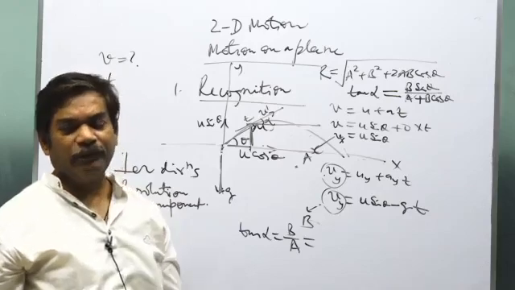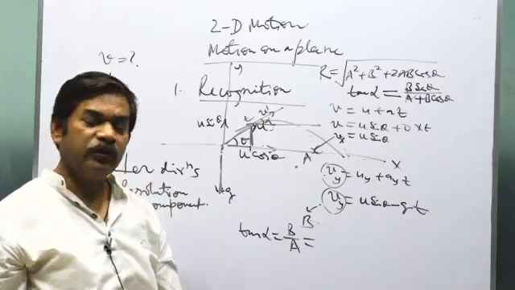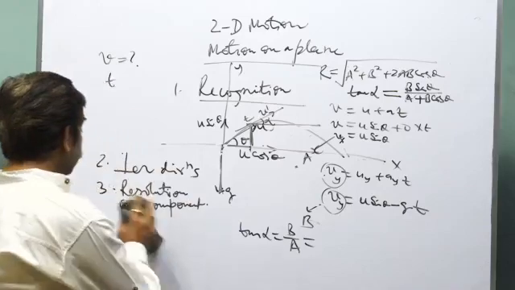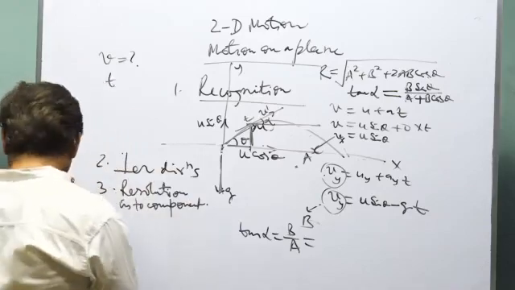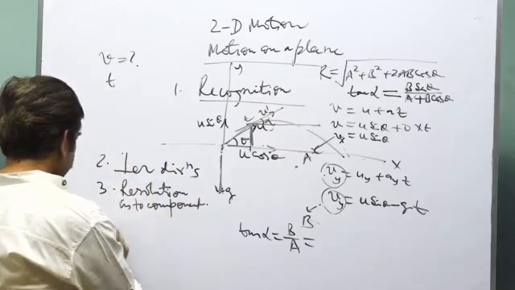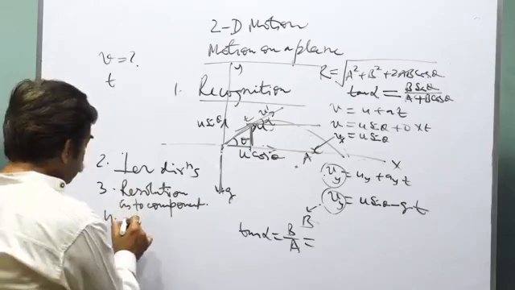So whatever the parameter, I calculated velocity. You can also calculate what? You can also calculate the displacement after time t. So after this step, the fourth step becomes what?